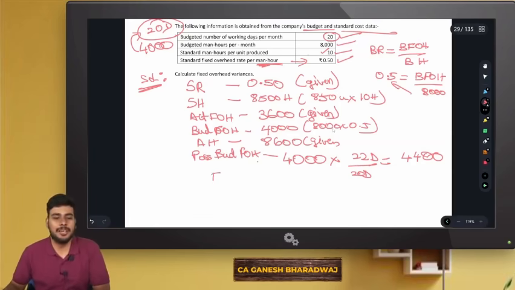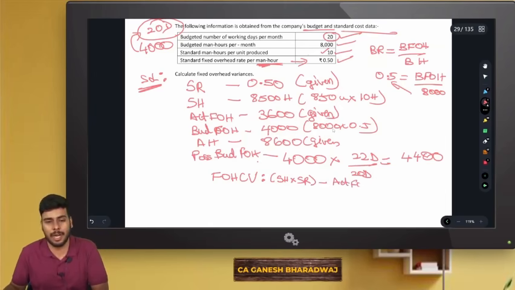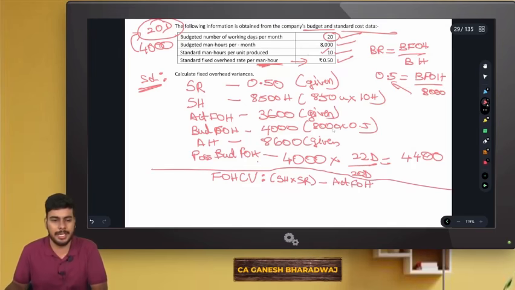So now first, fixed overhead cost variance formula. Absorbed overheads. Formula is standard hours into standard rate minus actual fixed overheads. So this is the ingredients. Now look at this.